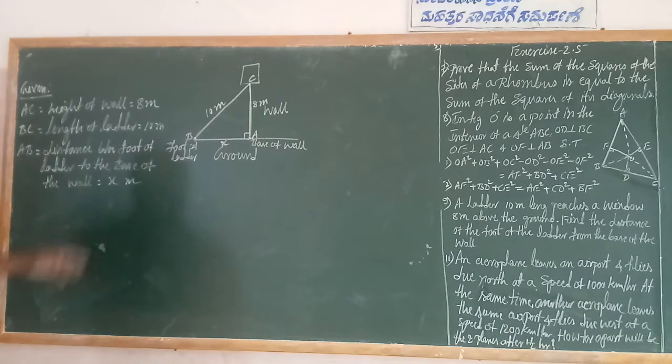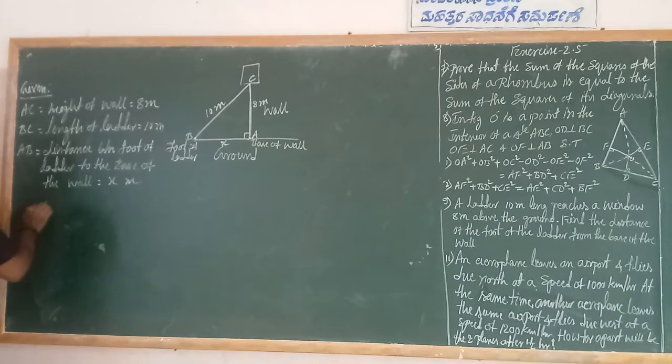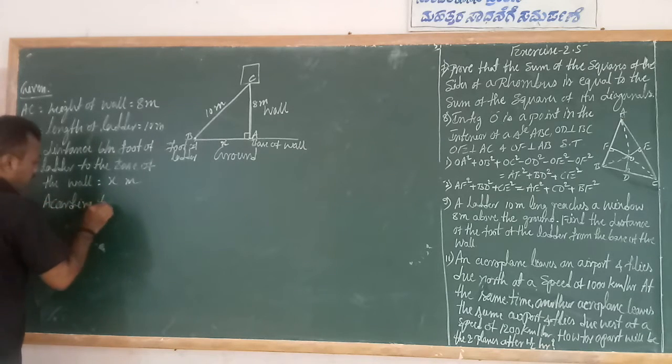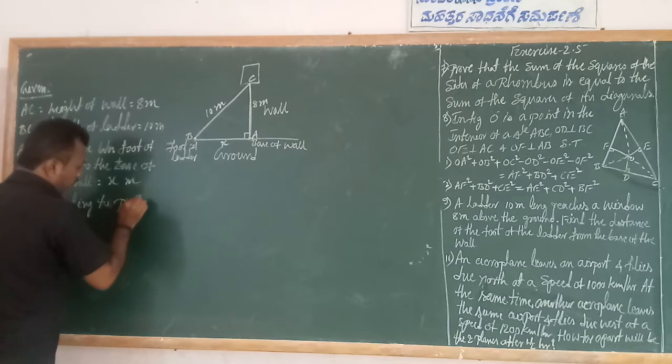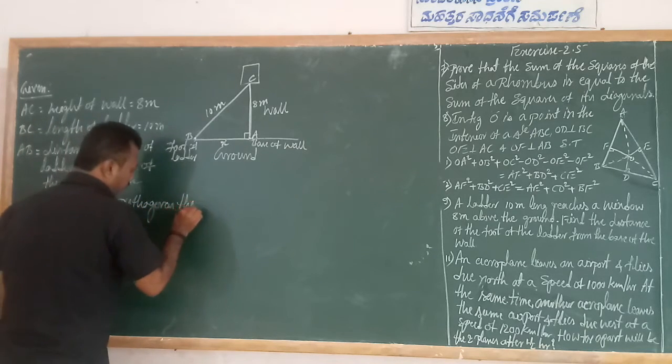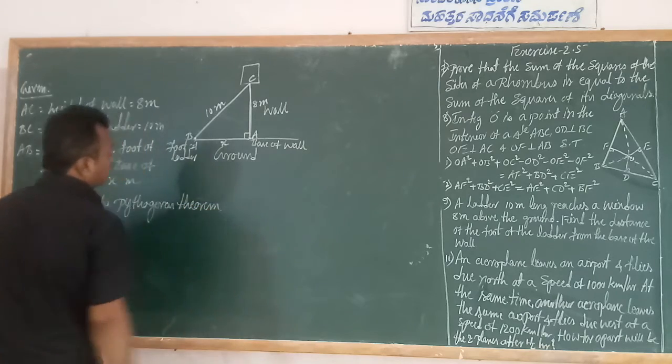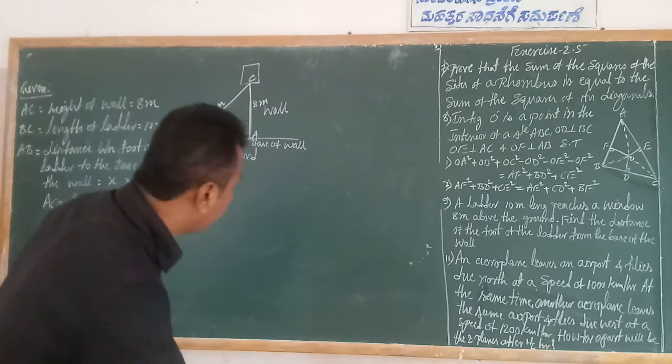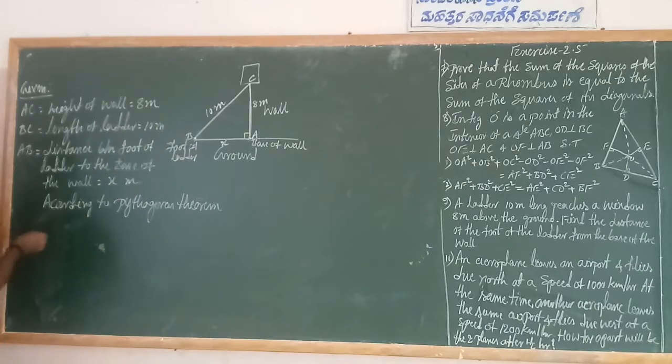Now I am using the Pythagoras theorem. So we know that according to the Pythagoras theorem, the square of the hypotenuse, that means BC square, is equal to the sum of the squares of the other two sides.